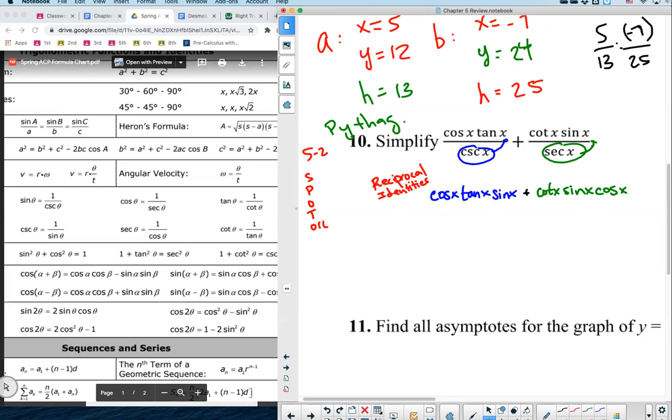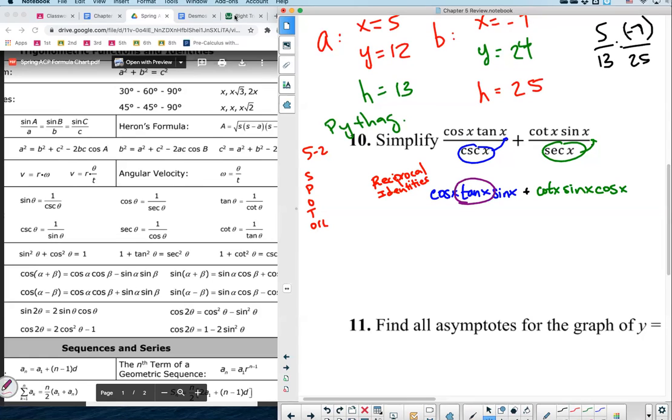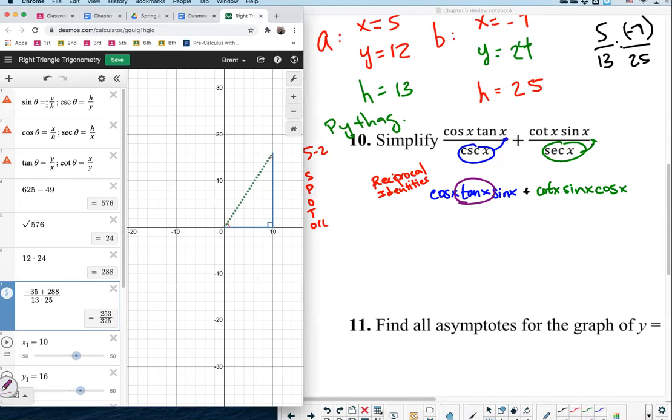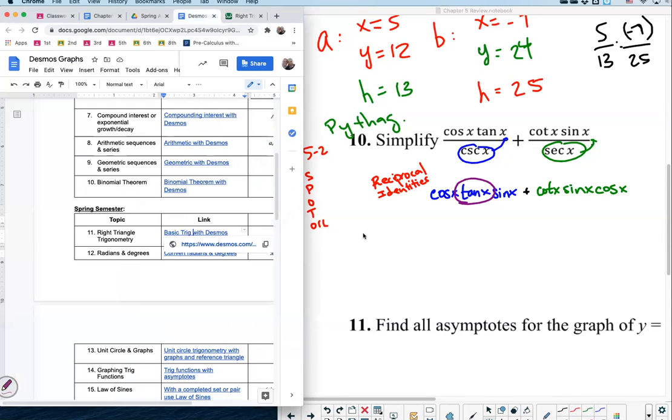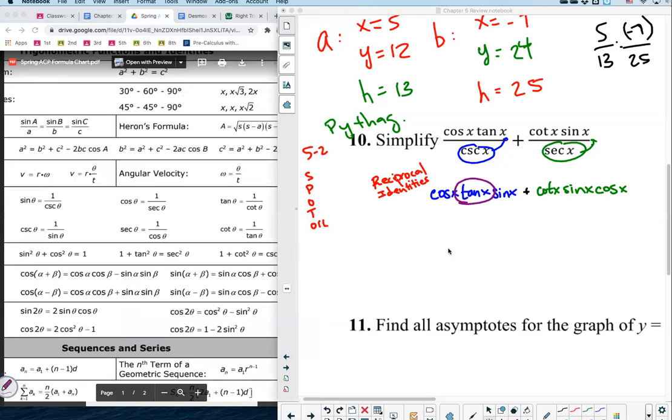Now what I'm going to state is that sine is y, cosine is x, tangent is y over x. Tangent is y over x, or sine over cosine, and cotangent is cosine over sine. This is called the quotient identity. What I'm going to do is rewrite tangent as sine over cosine.